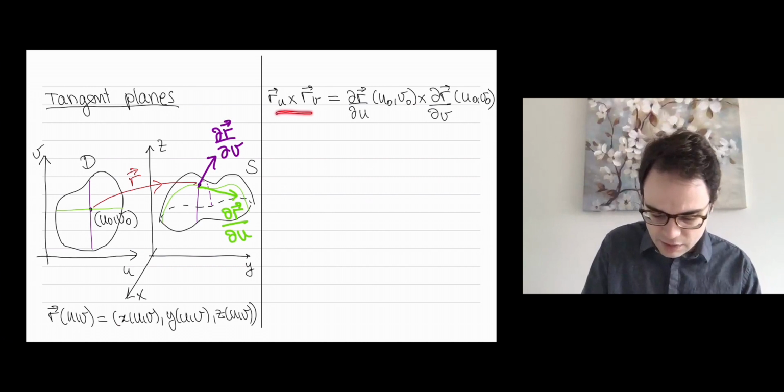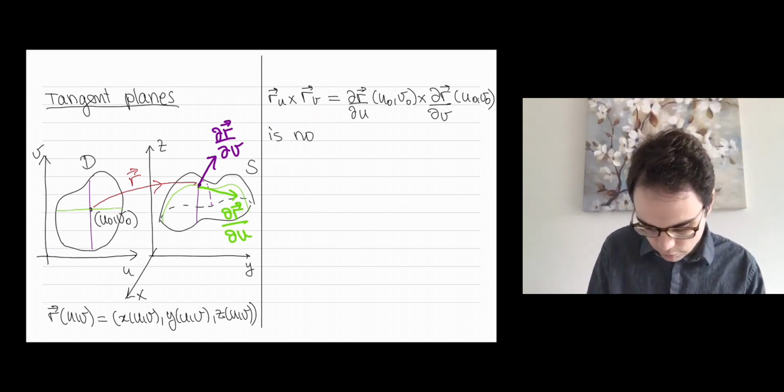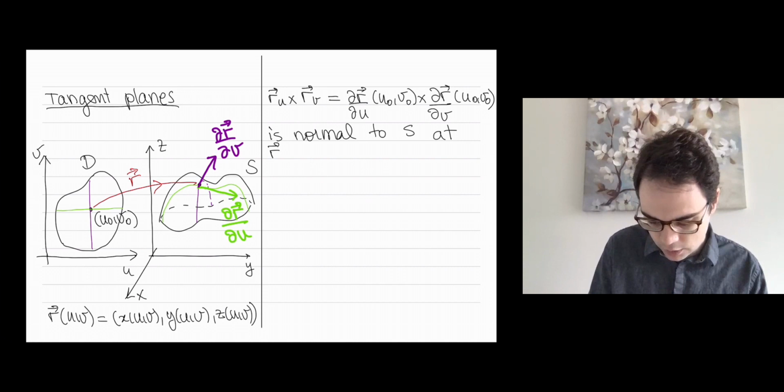My claim is that this vector is normal to the surface S at the point r of u0, v0.